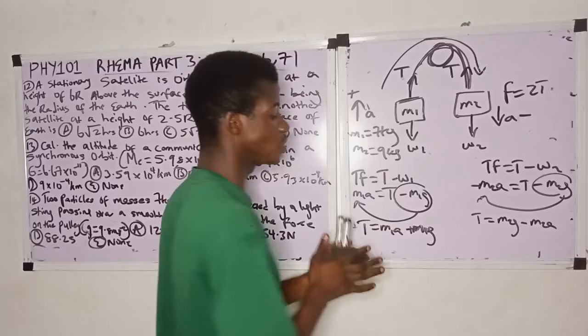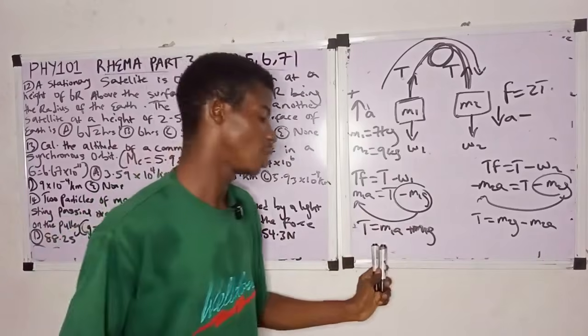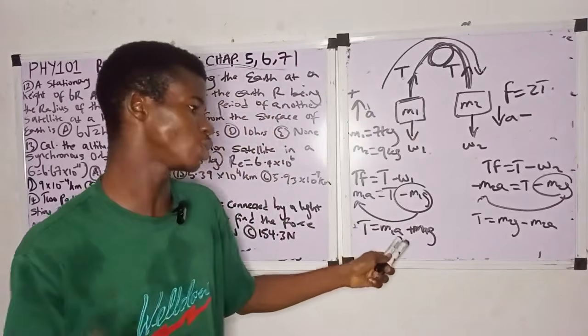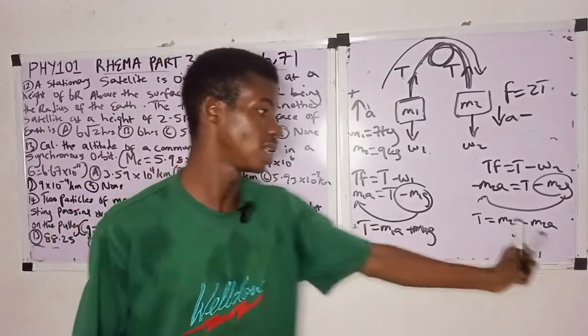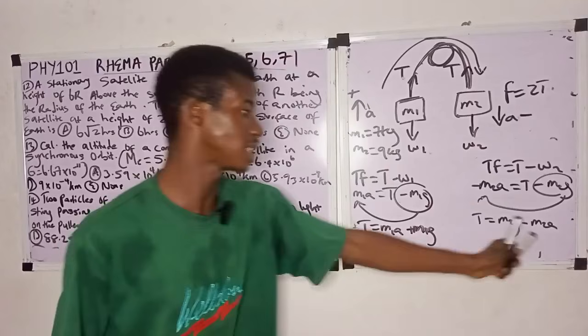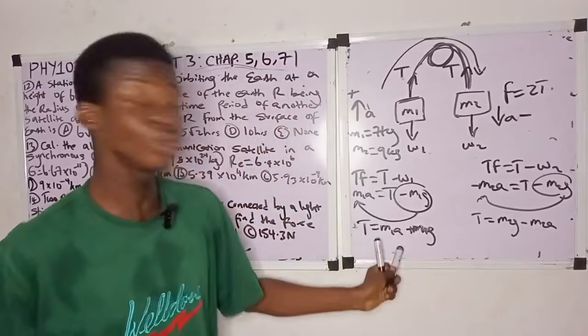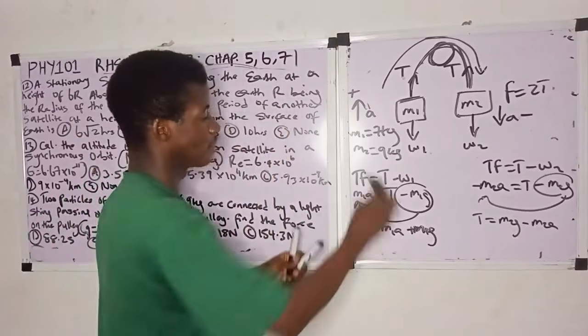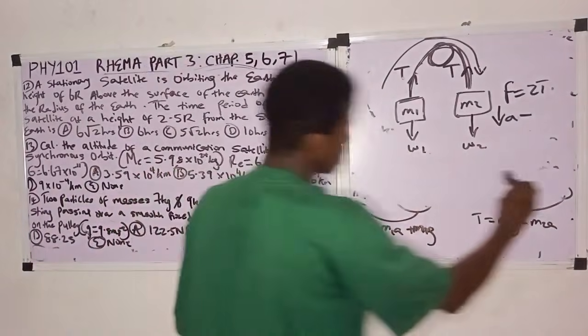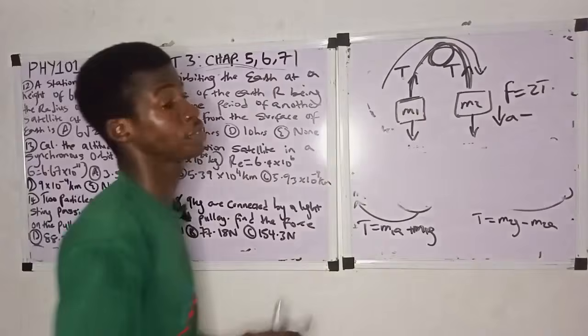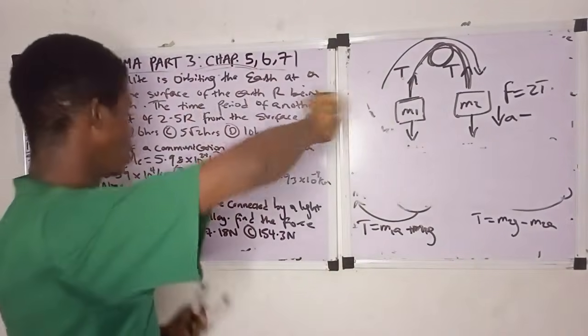Now, since we can use any of the tension, what else do we not have here? We don't know the acceleration. We know the masses, and we know g is 10. Do we know A? No. So let's look for A first. How do we look for A? A is very easy. I've given you the formula for the common acceleration in a pulley.